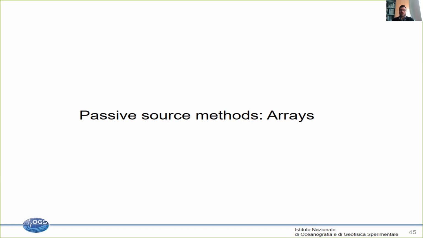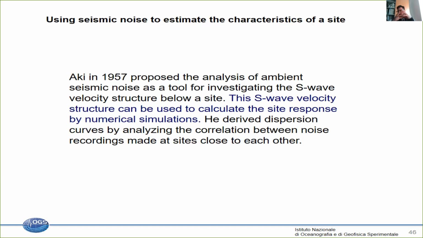In this case, the arrays are not linear anymore, but are 2D arrays. We place the instruments in different positions on the ground in 2D, and we want to study how the waves propagate under the array. We try to extract the velocity for each frequency, so the dispersion curve.